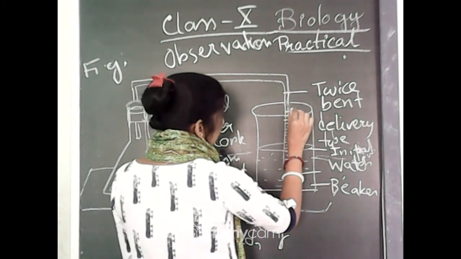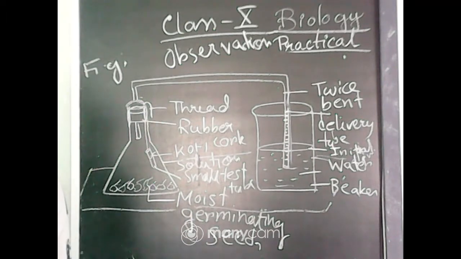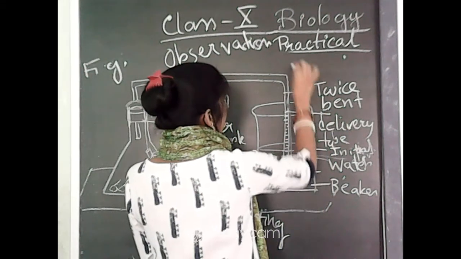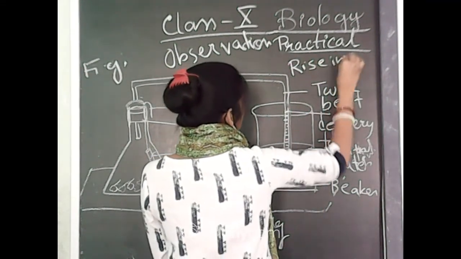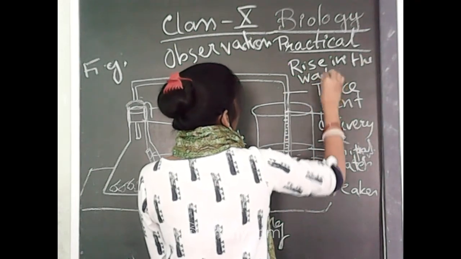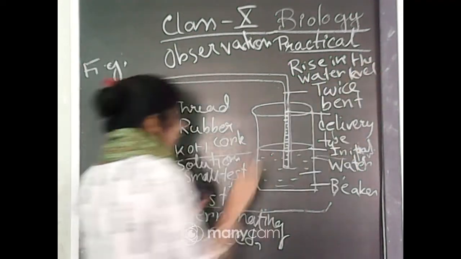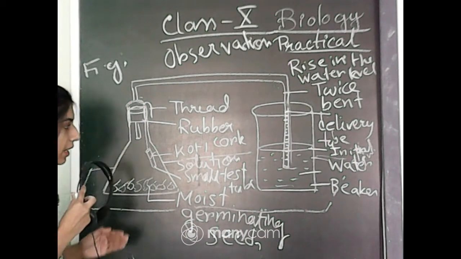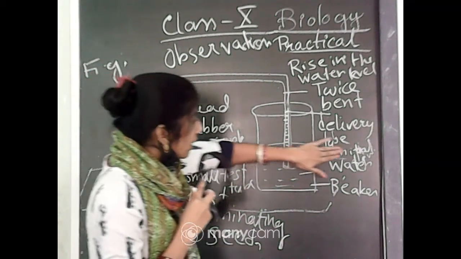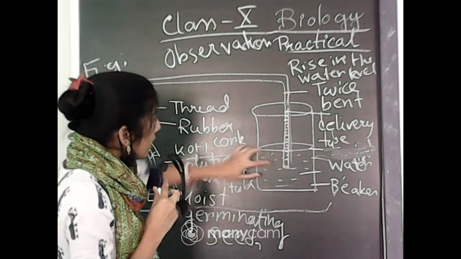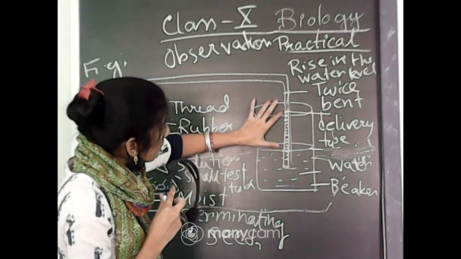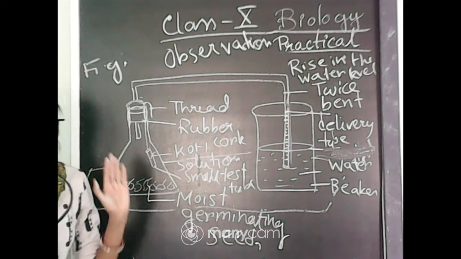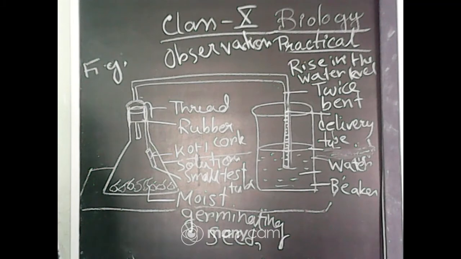Earlier you marked the initial level; this point will not be there now. You have to draw the water rise, write rise in water level, and mark it. So this is the diagram for the observation.